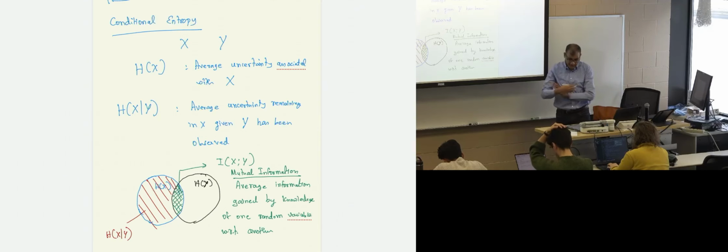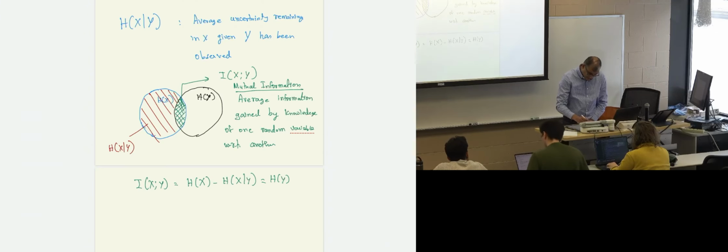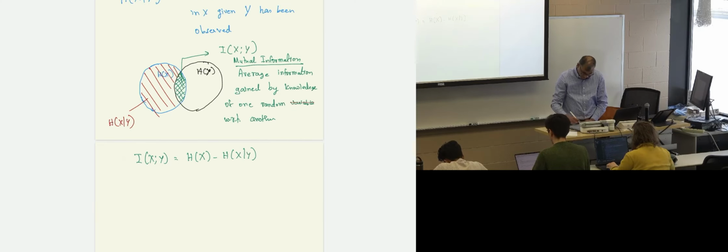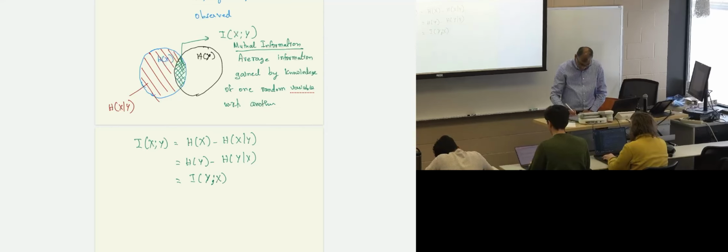And that's a symmetric function. And if you want to write it as an identity, then I of x, y is h of x minus h of x given y, which is the same as h of y minus h of y given x, and this is the same as I of y, x.